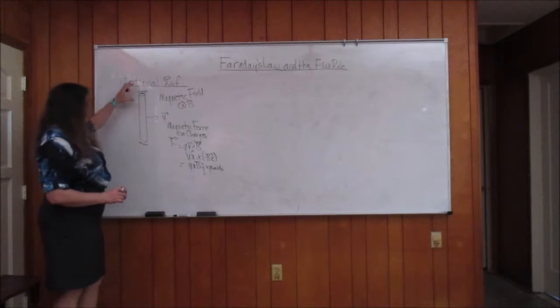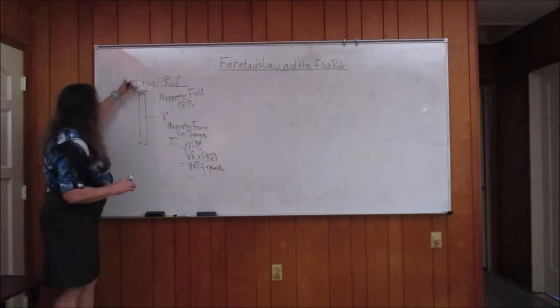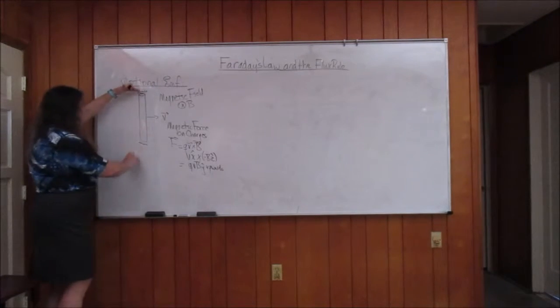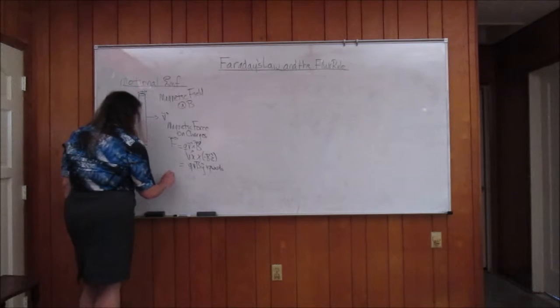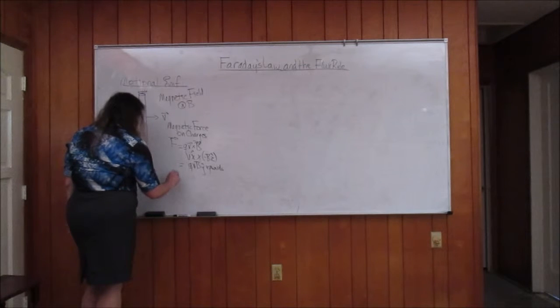As time goes by, and this won't take very long, because of the charge separation, you're going to have an electric field set up as well, and that electric force is equal to QE, and that will be downwards.